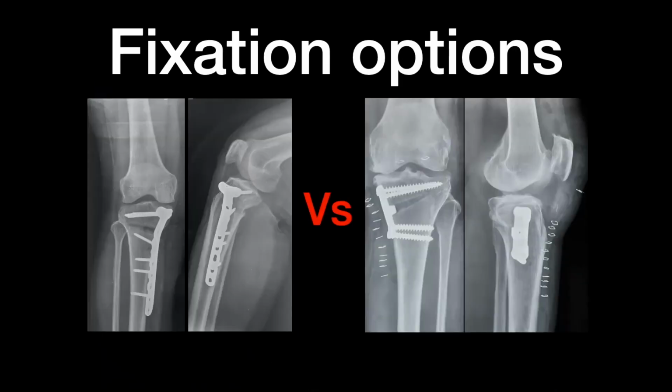So the final thing to decide is the fixation option. There are two very popular fixation options these days. One is the Puddu plate, and another is the Tomofix-like plate, the angle stable Tomofix plate. What we prefer is the Tomofix plate, because it is quite sturdy and strong, and there are multiple options in this plate.